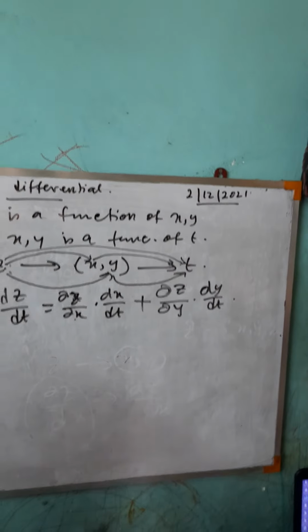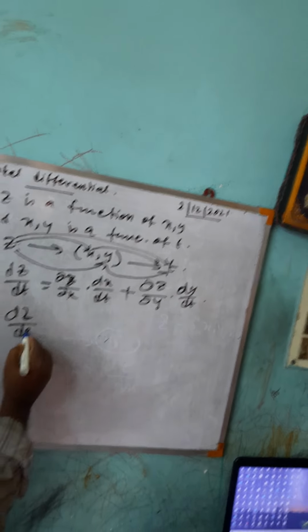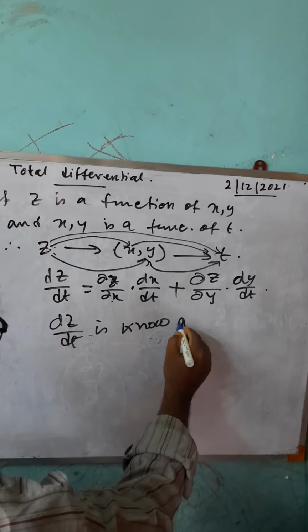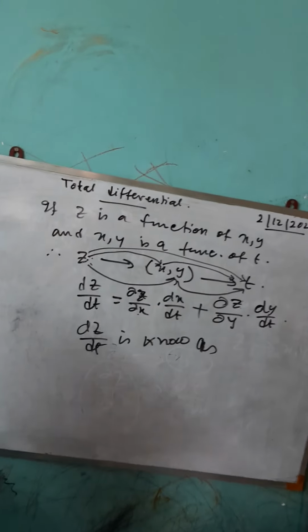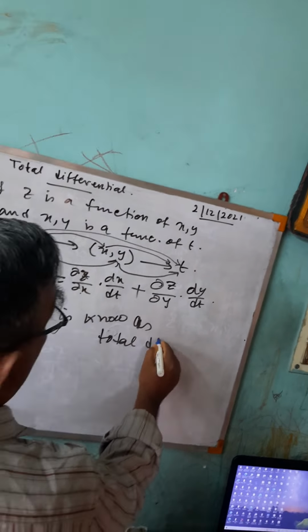Understand? So here dz/dt is known as the total differential coefficient of z. Total differential coefficient of z.